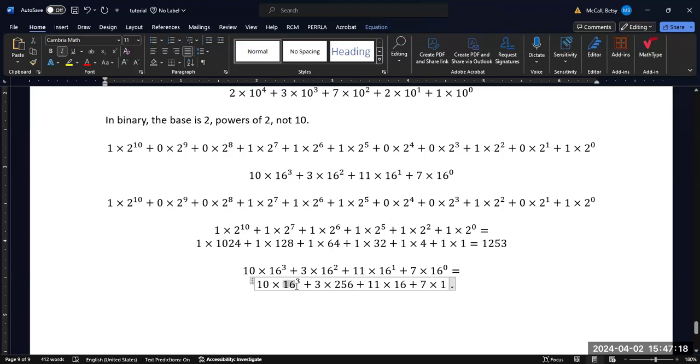And then 16 cubed is 4096. And so then we just add these up: 10 times 4096 plus 3 times 256 plus 11 times 16 plus 7 gives me 41,911.